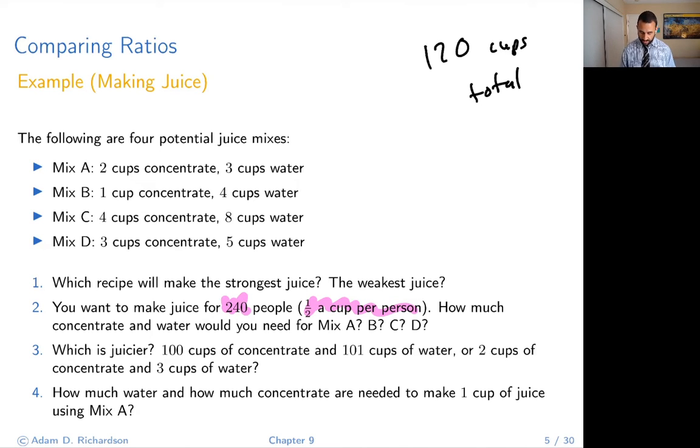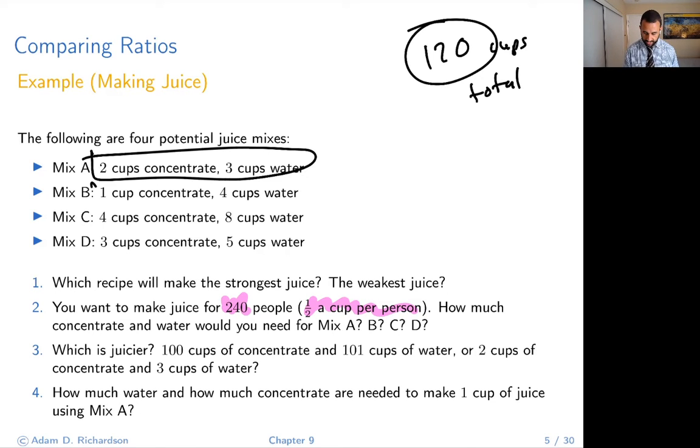All right, and then the question is, how much concentrate and water would we need for mix A, B, C, and D? Well, this is where that multiplicative reasoning and all that stuff from chapter 8 comes in. This is the total of our strip, you could say, and we have to break that strip up according to these ratios, and then that'll tell us exactly how many cups we need, right? So let's see.